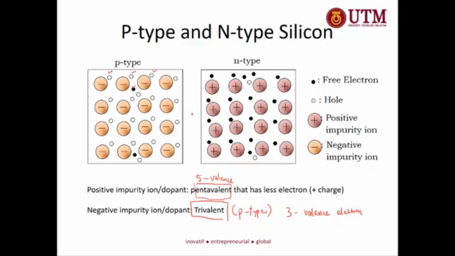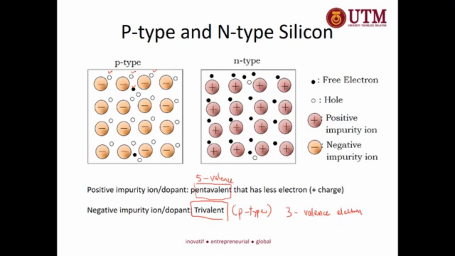Okay, so this is an important concept that you need to digest and understand in order to explain the operation of the PN junction. I suggest you find your own reference, read, and try to understand.